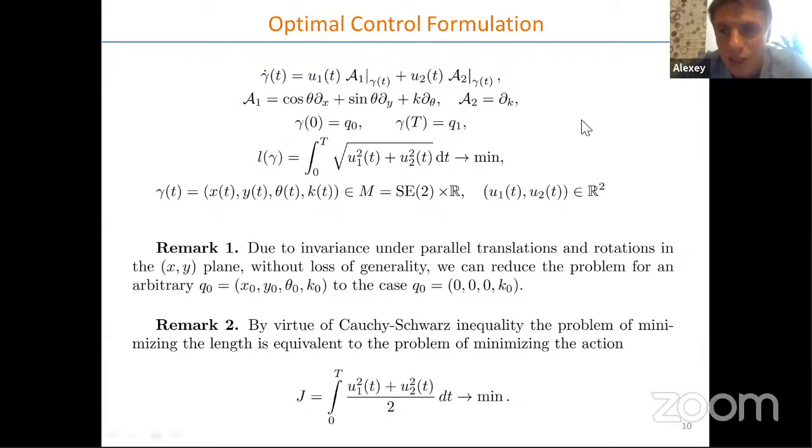Of course, even in the SE2 case, for almost all geodesics there is a point where this parameterization breaks down. But if we consider these arcs in SE2, then we have x dot equals cosine theta, y dot equals sine theta, and theta dot is our control. So we control by curvature.